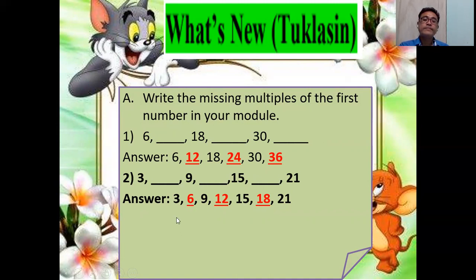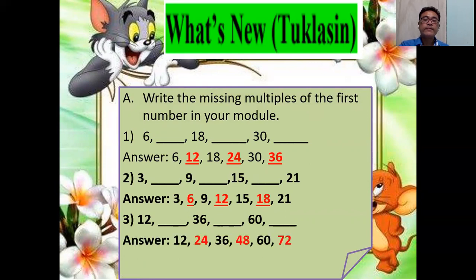Number 3: 12, blank, 36, blank, 60, blank. Ready, start. Time is up. The answer is in red ink: 12, 24, 36, 48, 60, 72.